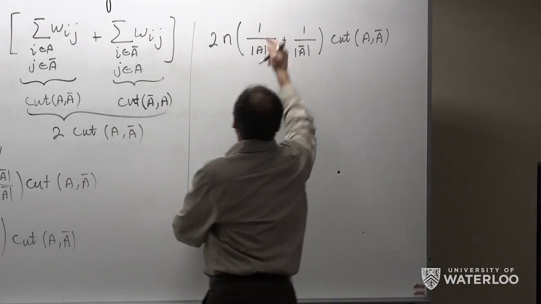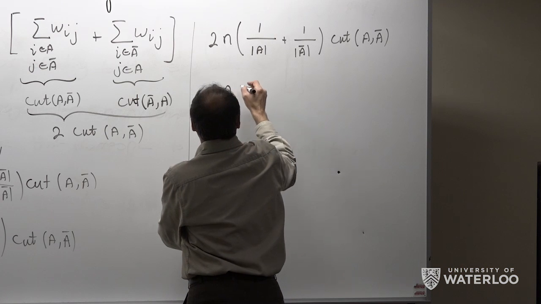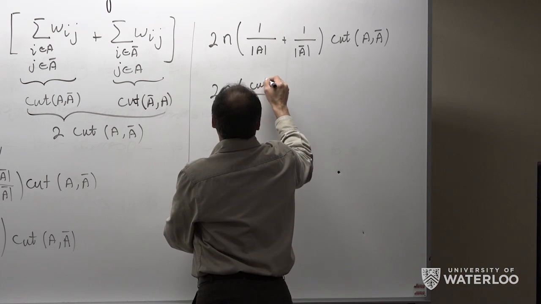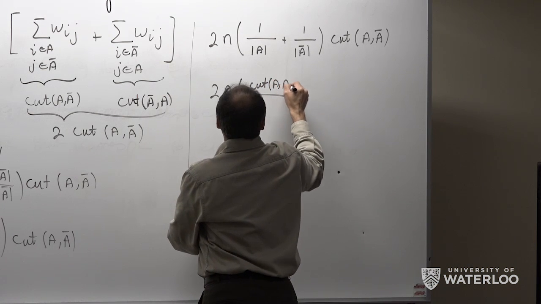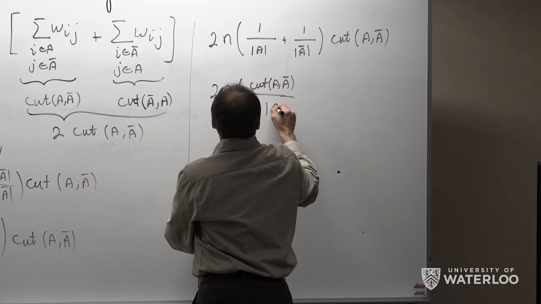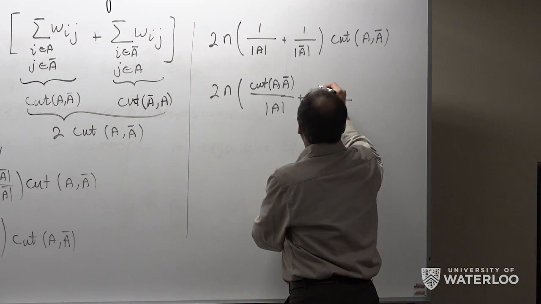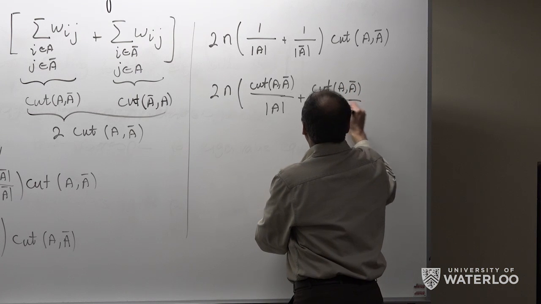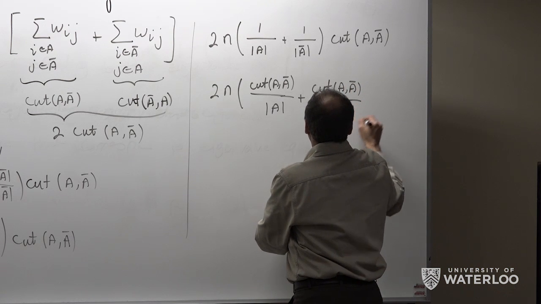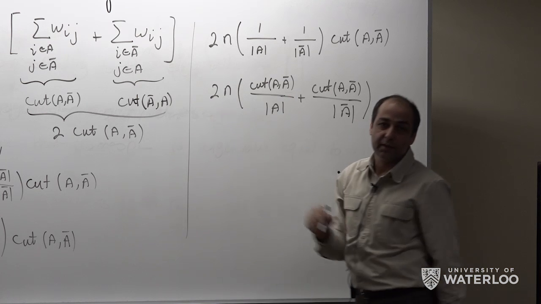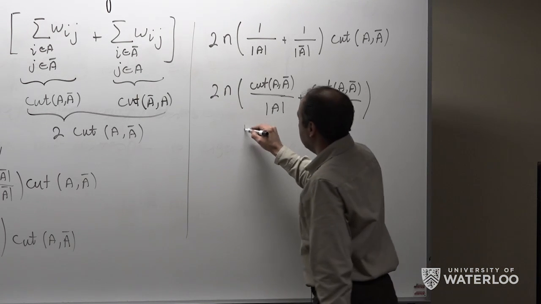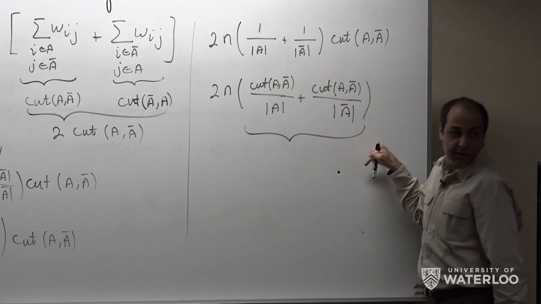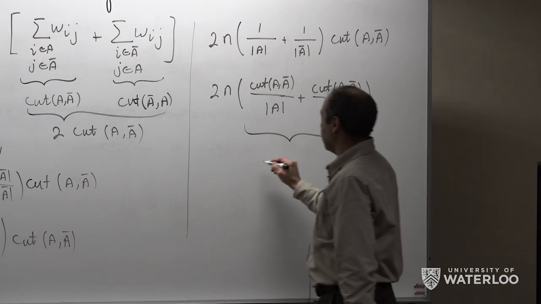Then I put this cut inside: cut(A, A bar) divided by A plus cut(A, A bar) divided by A bar, times 2N. So what is this quantity? It's ratio cut.